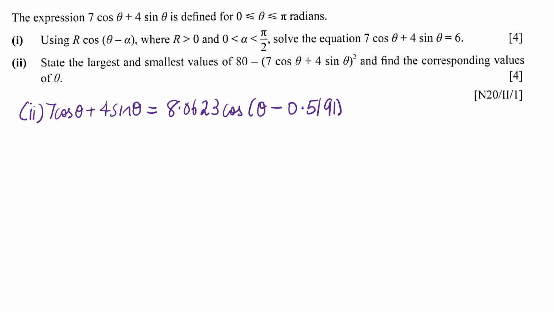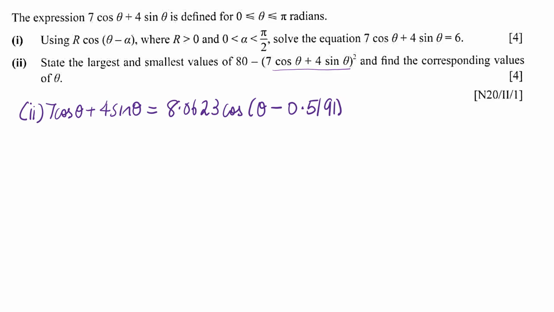All right, we need to make use of the answers we found in part 1 to solve part 2. But if you look at what we need to find in part 2, we're asked to find the largest and the smallest values of 80 minus bracket 7 cos theta plus 4 sin theta, close bracket squared.